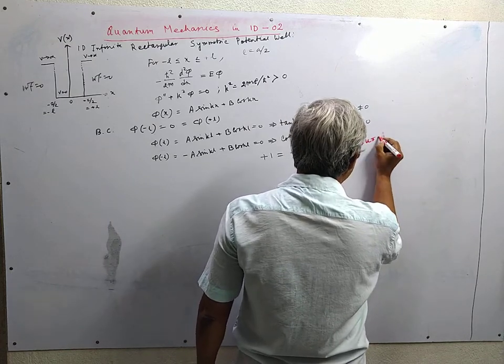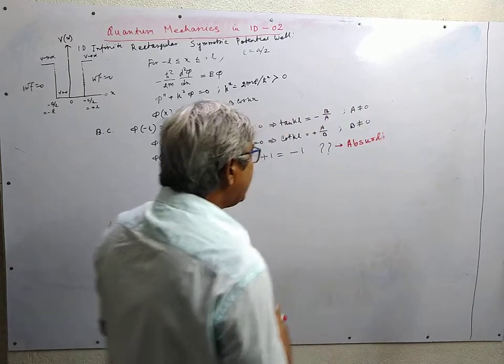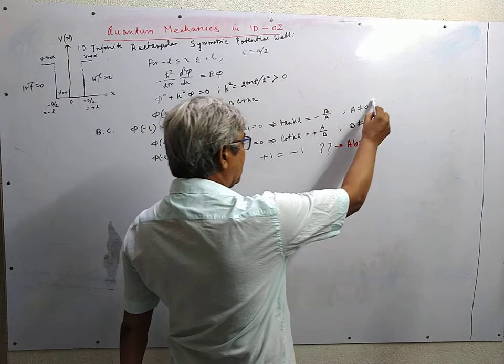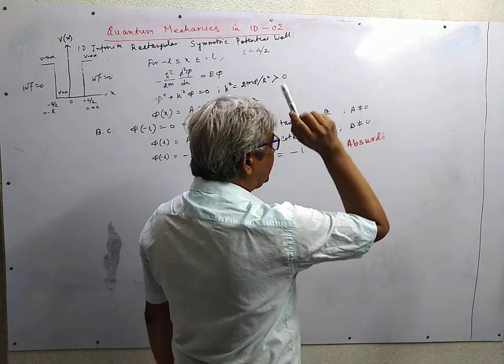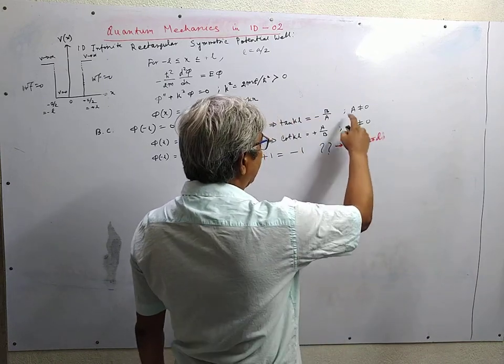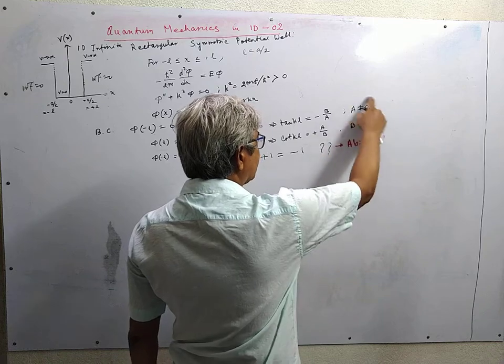The only assumption that we have made is that in the first equation A is not equal to 0, and in the second B is not equal to 0. This absurdity has arisen from this assumption.